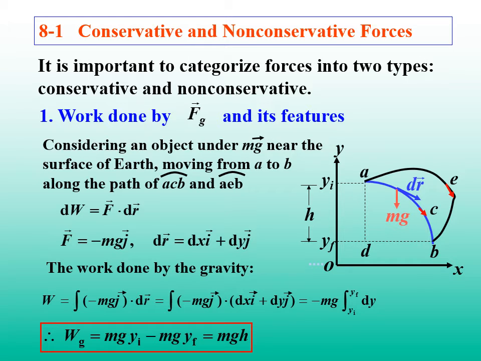The yi is the initial position of the object, yf is the final position of the object. Therefore, the work done by the gravitational force, Wg, equals mg yi minus mg yf, which equals mg h. The h is the difference of the final position and the initial position. Sometimes we call it the height.